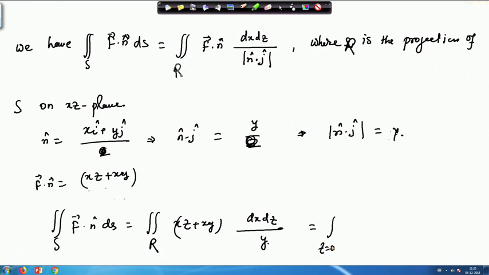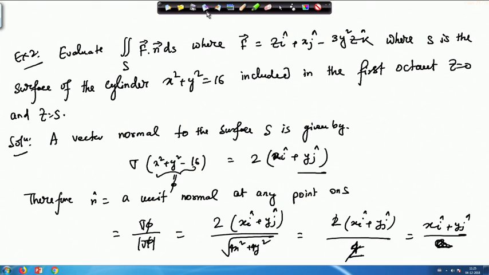Z will be running from 0 to 5, and x will be running from 0 to 4, xz plus xy. So, y will be 16 minus x square. So, this is here 4.